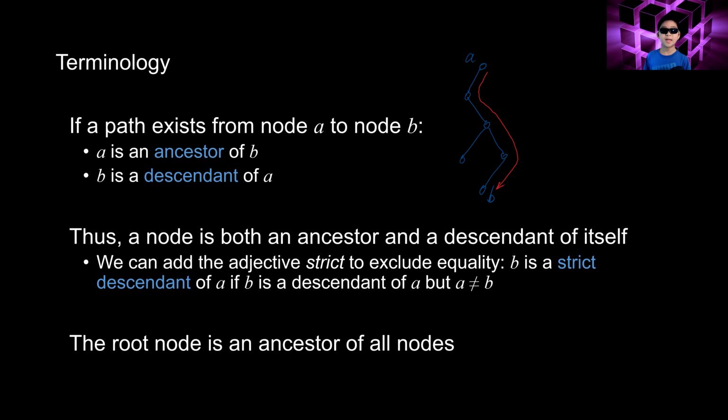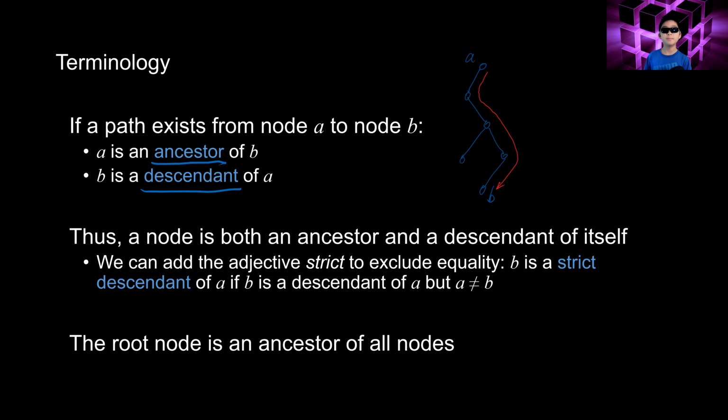We can also define ancestors and descendants because of the existence of a unique path. Ancestors are nodes that are higher along a path. For example, if there's a path from node A to node B, then A is an ancestor of B. Descendants are nodes that are lower along a path.